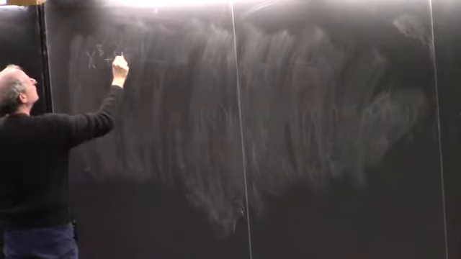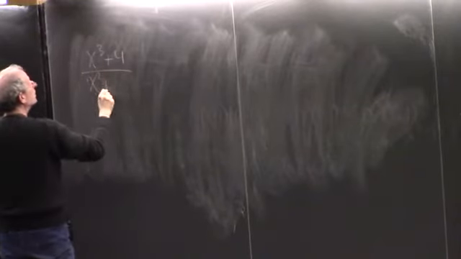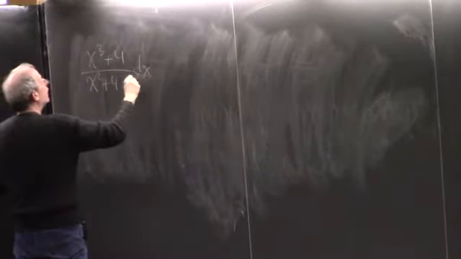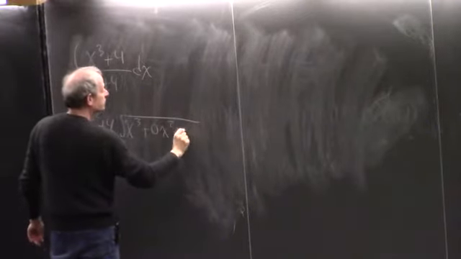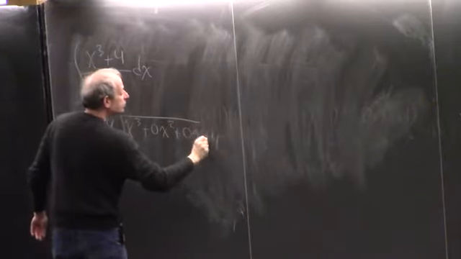There are other clever tricks, but let's just do the division. So you want to do x squared plus 4 going into x cubed plus 0x squared plus 0x plus 4. You have to have a 0 for all those missing powers of x.